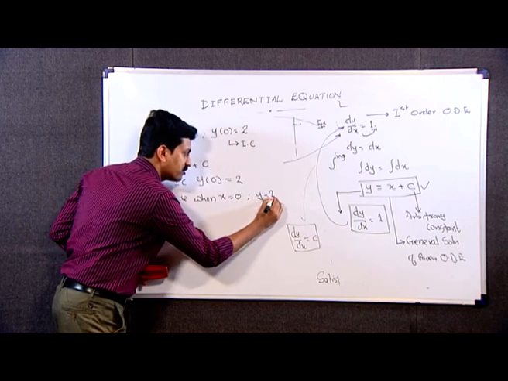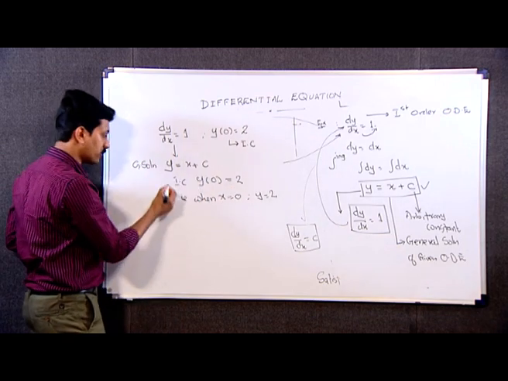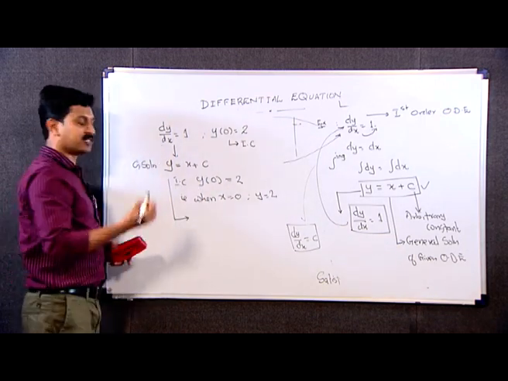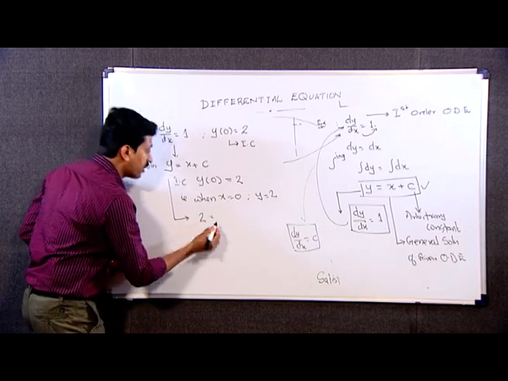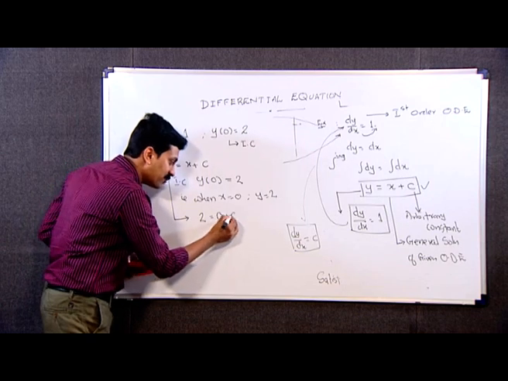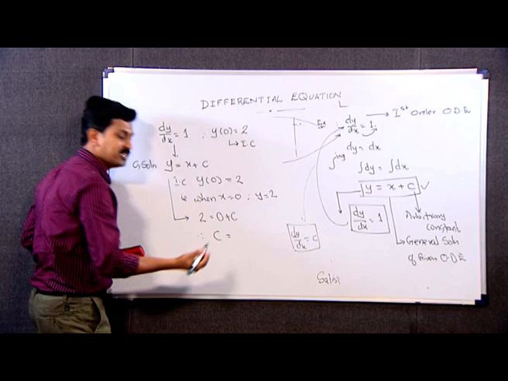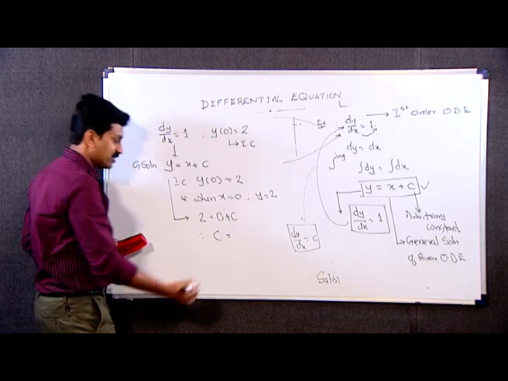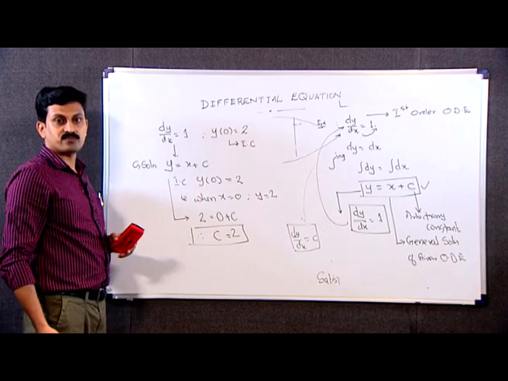We can substitute these values in the solution. Therefore, 2 equals 0 plus c, so we have got c is equal to 2.